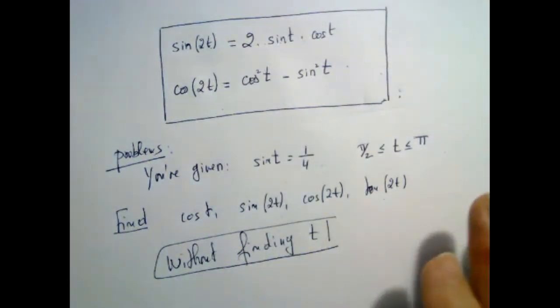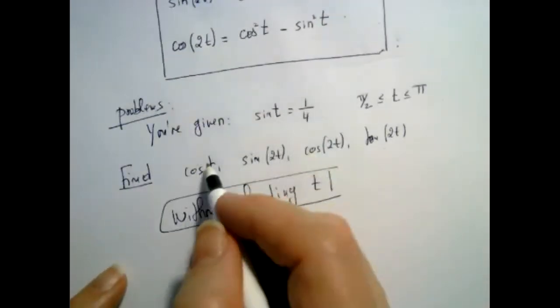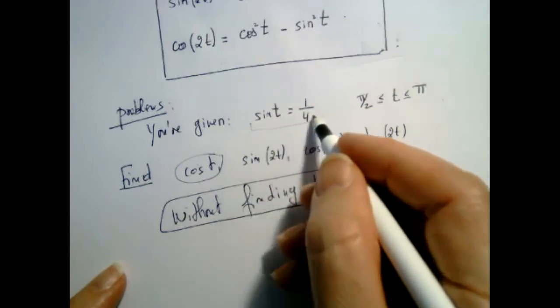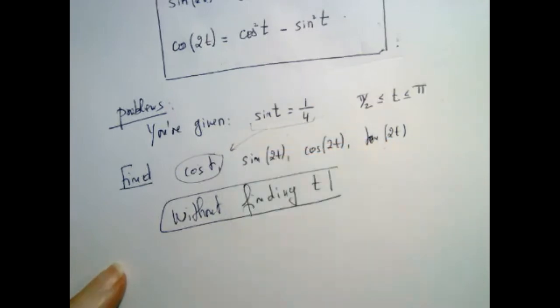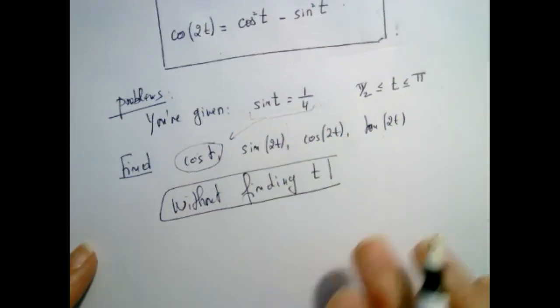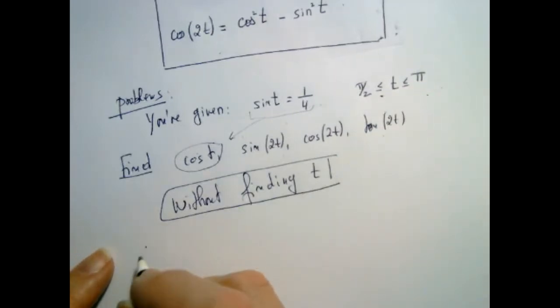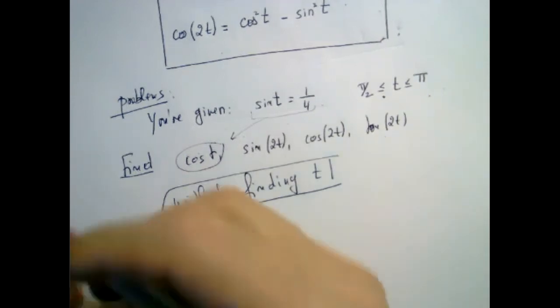All right? So step number 1, I want the cosine. And this is something I did last time. If I know the sine, how can I find the cosine? First, I look at the angle. We have to be precise, so let us pay attention.